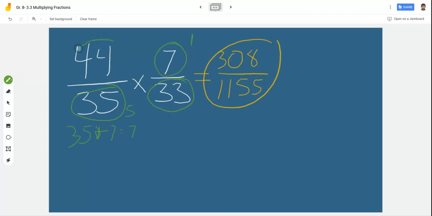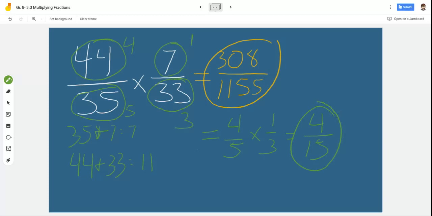A common factor of 44 and 33 is 11, because 11 times 4 equals 44, and 11 times 3 is 33. So if I divide each of those by 11, this would be 3, this would be 4, and then I could rewrite my fractions as 4/5 times 1/3, which is equal to 4/15, which is a little bit easier to work with than this number right here.